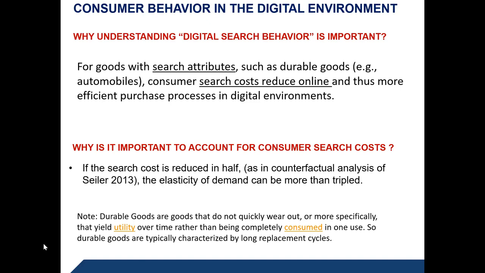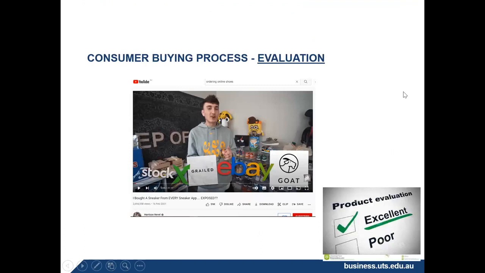All right, so let's move on. The next stage of the consumer's buying process is the evaluation stage. In the evaluation stage, I'm sure you all have been a part of this at some point of time. Especially the millennials and the Gen Z are very active when they are evaluating products to put their views online.